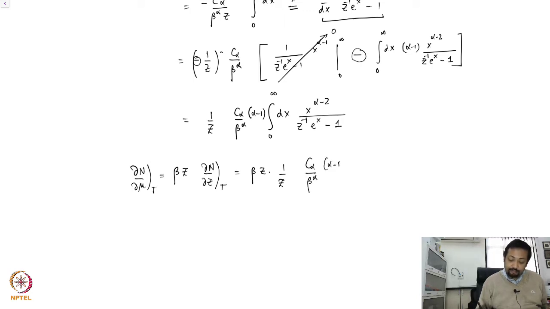I have (α-1), and then I have ∫ from 0 to infinity dx x^(α-2) divided by (z^(-1) e^x - 1).